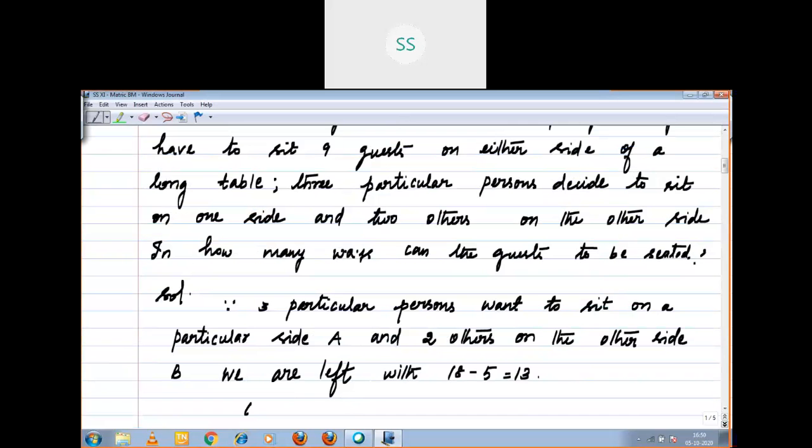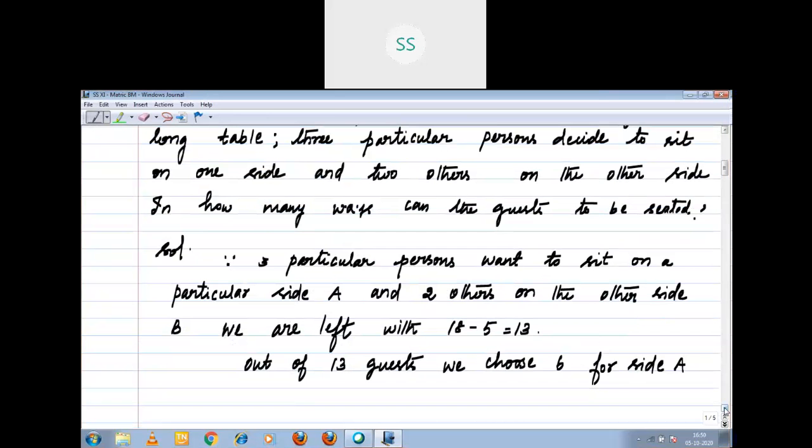Out of 13 persons, we choose 6 for side A. In how many ways? Already 3 is there. Now we want only 3 because either side 9 only. So in 13C6 ways. Got it, children? The remaining, 6 has gone from 13, remaining 7.